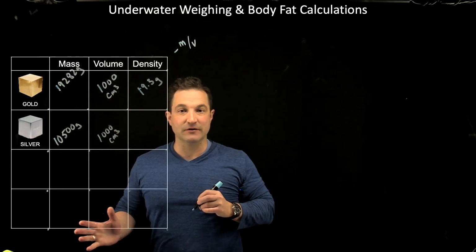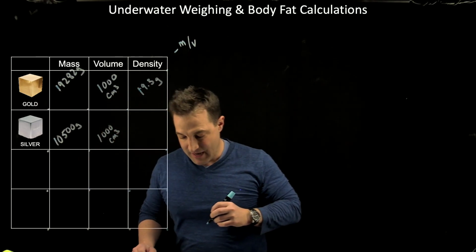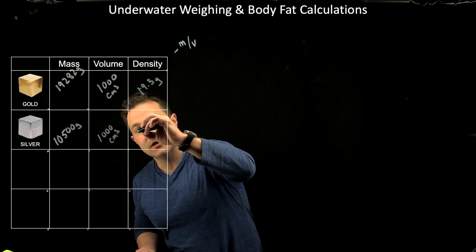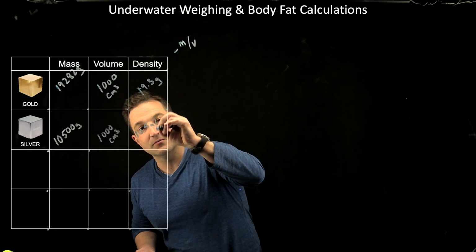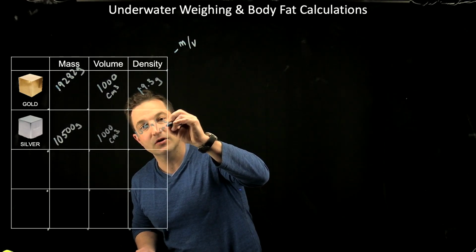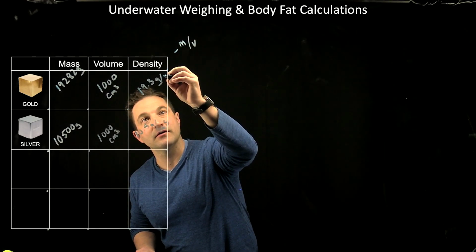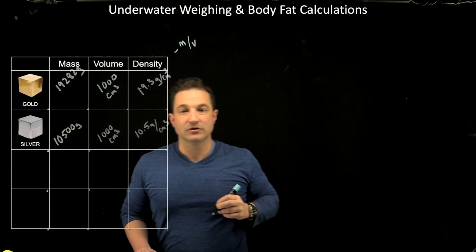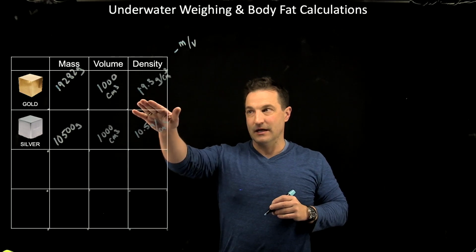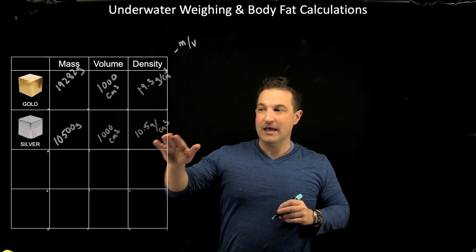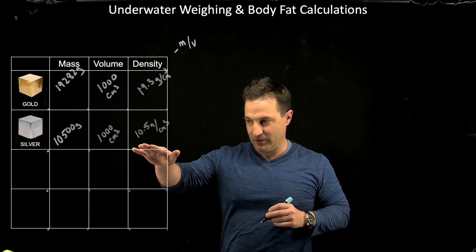Well, we do the same division there, mass over volume, and that gets us our value of density, which is 10.5 grams per centimeter cubed. So, we have our two densities, 19.3 grams per centimeter cubed and 10.5 grams per centimeter cubed.